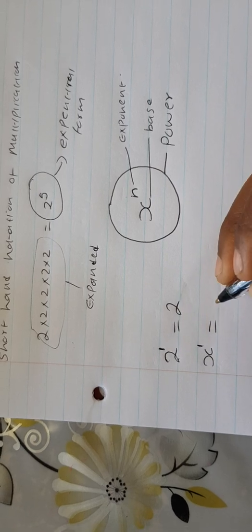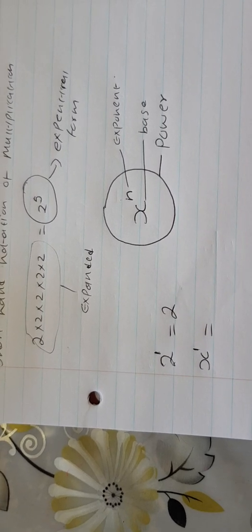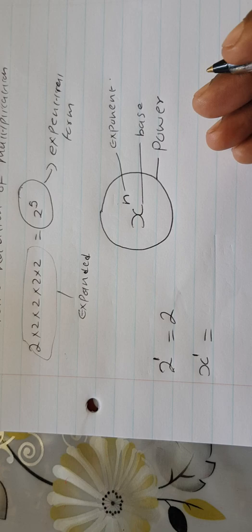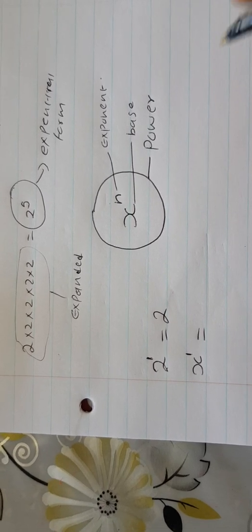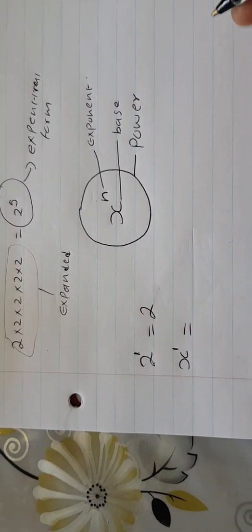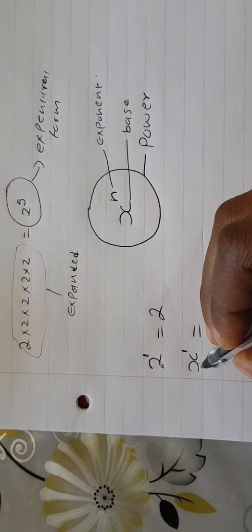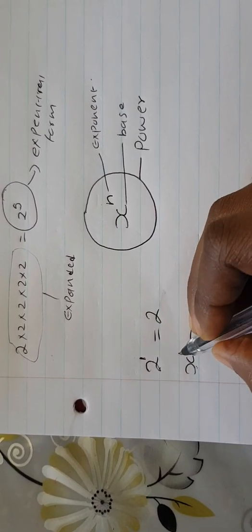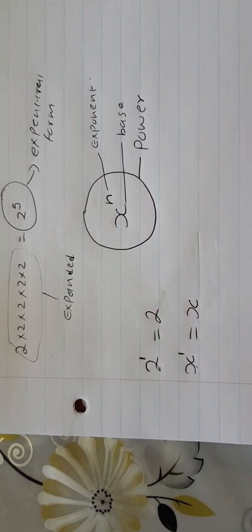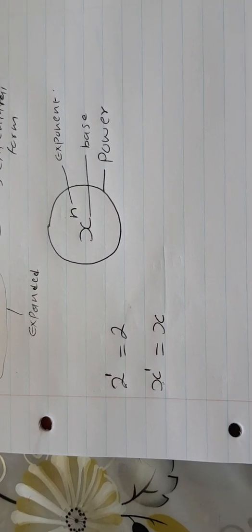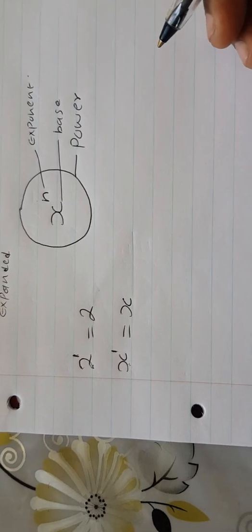Hence I say every number is a power. So when you are given a number multiplying another power, you need to know that the 2 are powers. Okay, so this one is x to the exponent 1, which means that x must multiply itself once, which will be just x. So note that every number or every variable is a power.